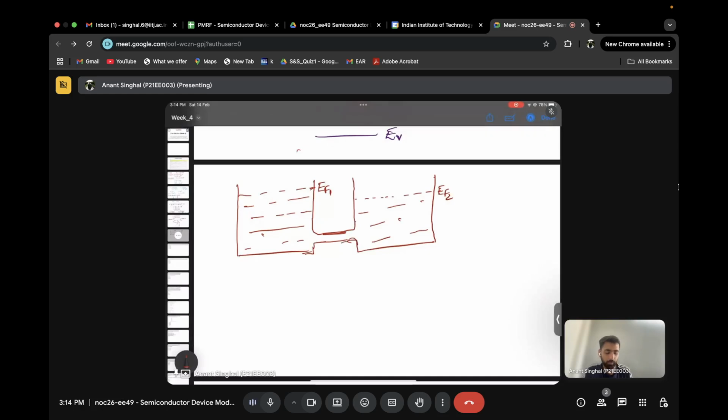What do you think will happen to the water level? Let's say this is bucket 1, this is bucket 2. Anyone wants to take a guess? What will happen to the water level? Will the water level decrease or increase in either bucket 1 or bucket 2?